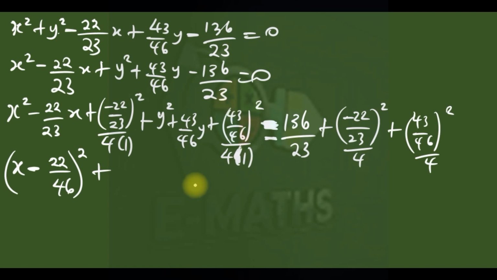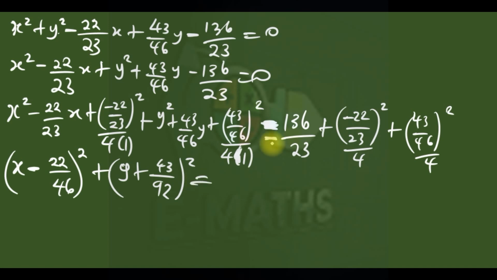Plus here, this is a perfect square, which is now the square root of y squared, which is y, plus the square root of this. So 43 over 2 times that, so 92, all squared.